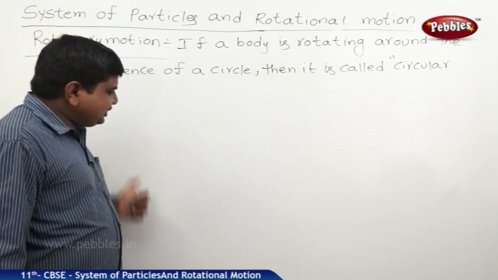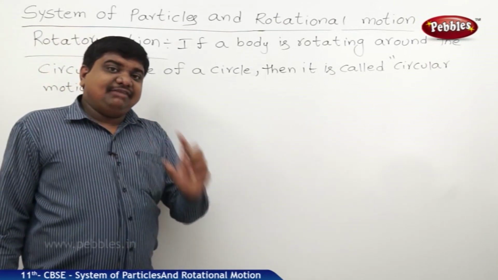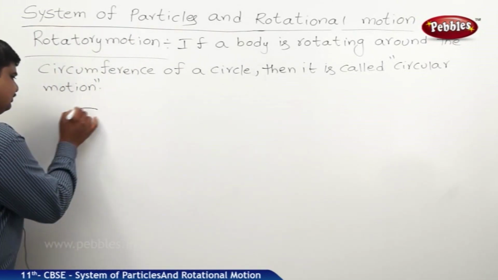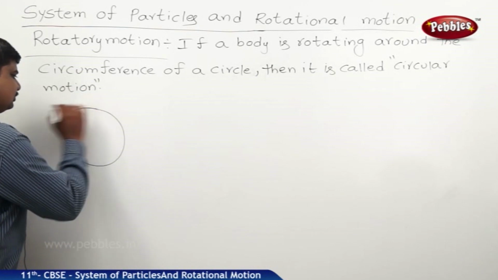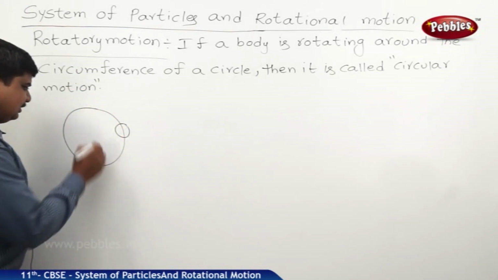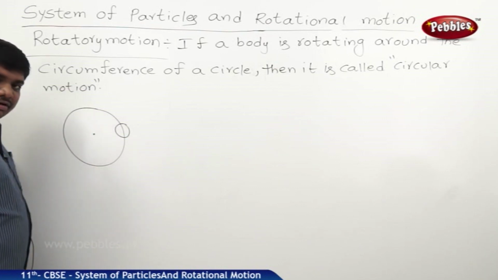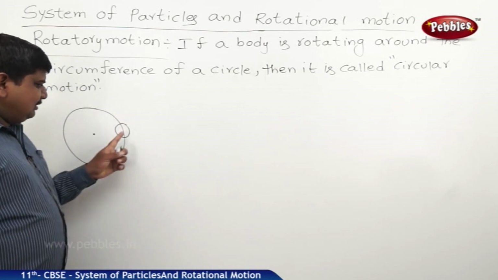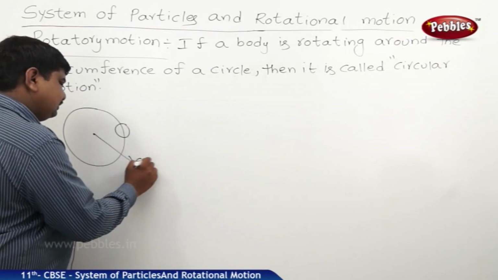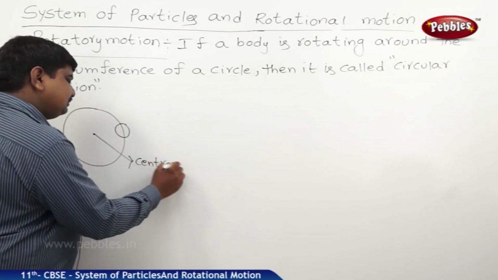When a body is executing circular motion, for every circle there is a center. So if this is the body which is in circular motion along this circumference, for every circle there is a center called origin. For this rotating body, this center is called the center of rotation.